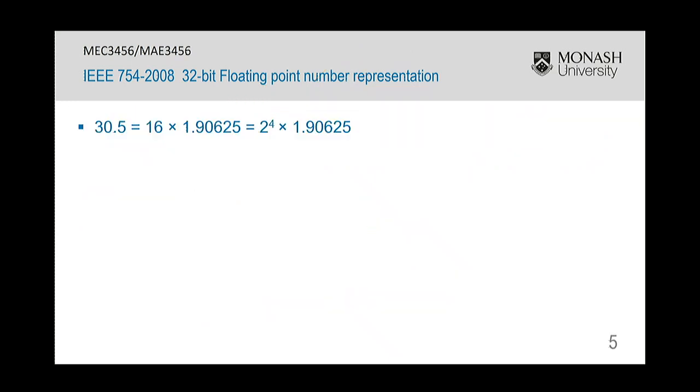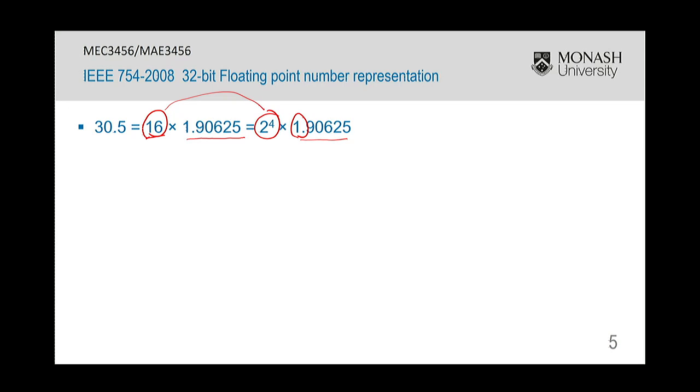Let's quickly go through how to represent a couple of simple numbers in 32-bit representation. The number 30.5 is equal to 16, which we've chosen because it's a power of 2, multiplied by 1.90625. 16 is 2 to the power 4, and 1.90625 is the mantissa digit. The 1 point at the front in decimal notation is the same as 1 in binary notation, so we've already got this as 1 point something.